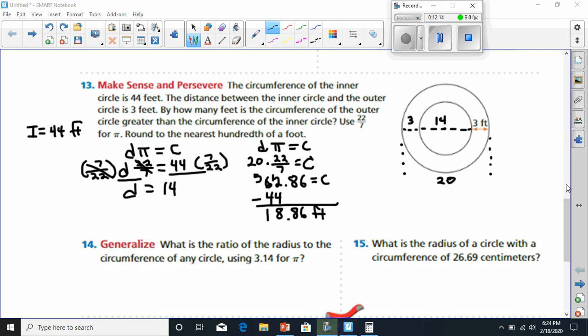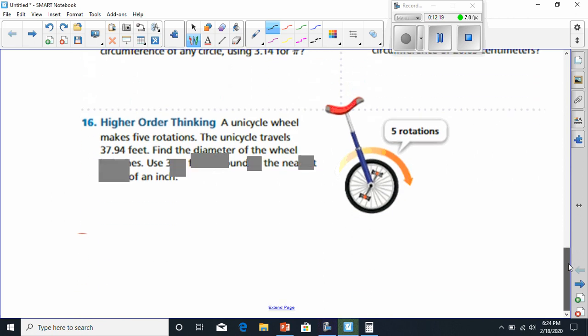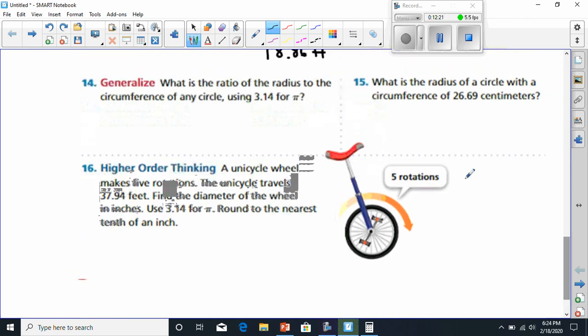All right, let's check out number 15. Looks like it's going to be my last one. What is the radius of a circle with a circumference of 26.69 centimeters? The radius of a circle. Remember, we can use two different formulas. One is diameter times pi equals the circumference.